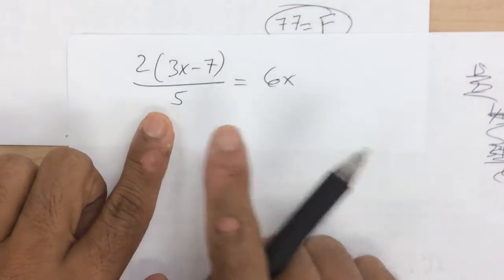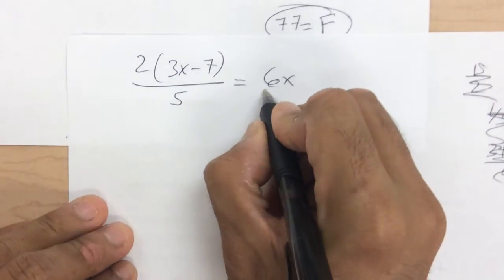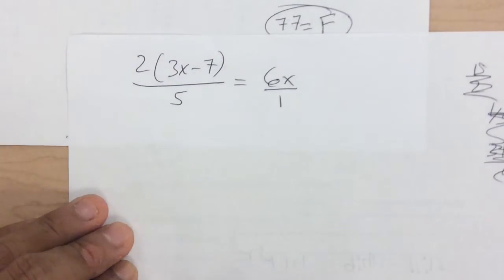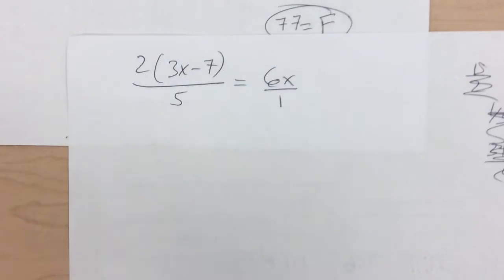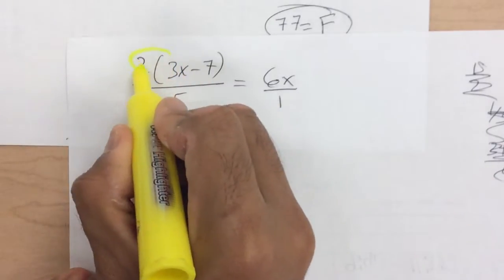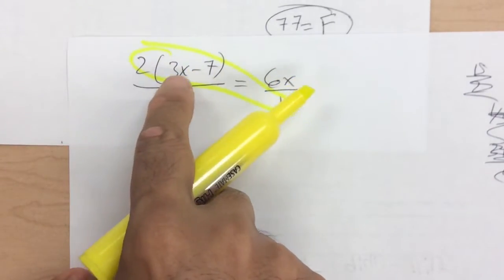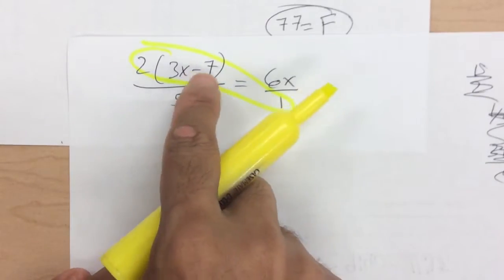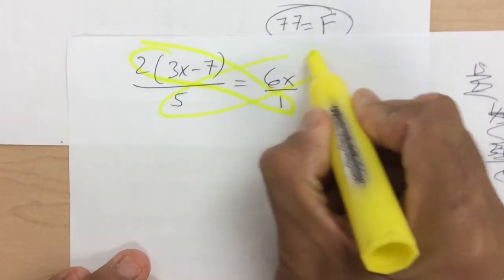Anytime you see something like this, go ahead and do cross multiplication. So go ahead and put a 1 under this 6x so it can become a fraction and cross multiply. So what do I mean by cross multiply? This is what I mean. This 2 times 3x minus 7 times 1, and then do 5 times 6x.